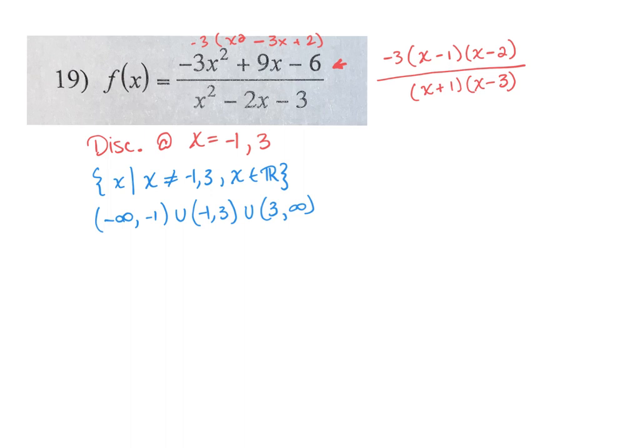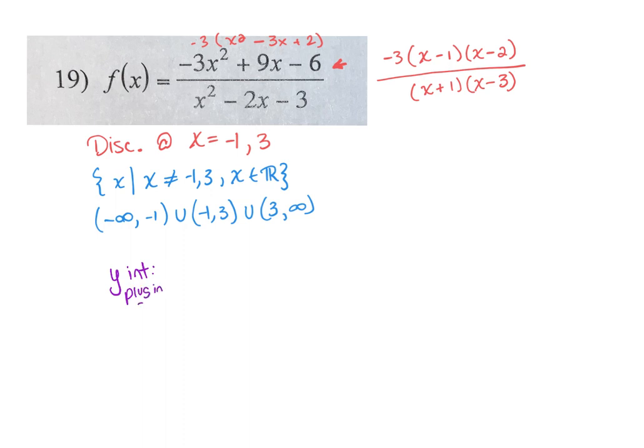Discontinuities and then domain. The last thing it wants are x and y intercepts. Now, the y-intercept's easiest to find using the equation up here at the top, right? Because we're just plugging in a 0. So for the y-intercept, I would just go to my original function and plug in a 0.